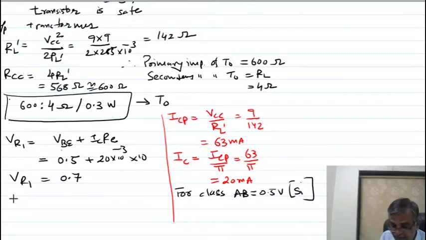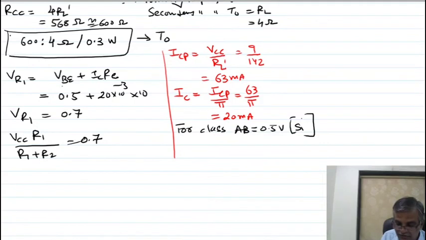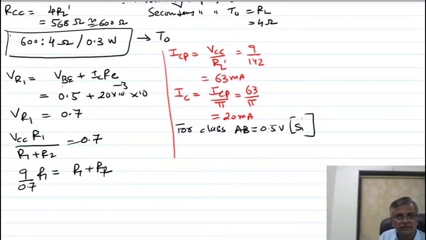So VR1 already we have written as VCC into R1 upon R1 plus R2. So it is 0.7. VCC is nothing but 9 volt, so 9 upon 0.7 is equal to R1 plus R2 upon R1. So I can write 12.85 R1 is equal to R1 plus R2.